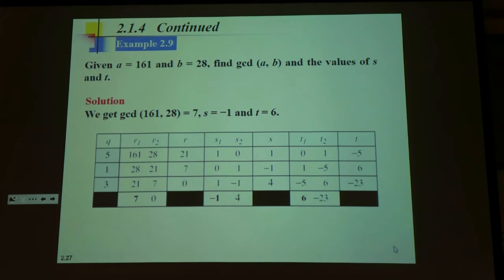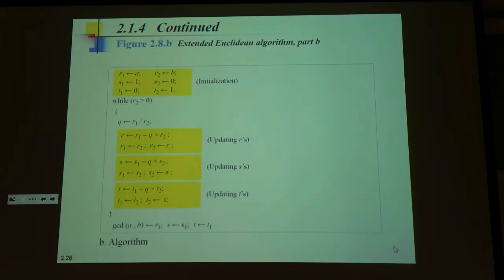So what we do in here, 161, 28, quotient, remainder, we keep going. And then how we calculate S1 and R1, so in here, you're going to apply this algorithm, R equals R1 minus Q times R2, right?